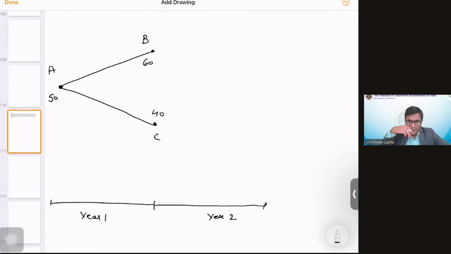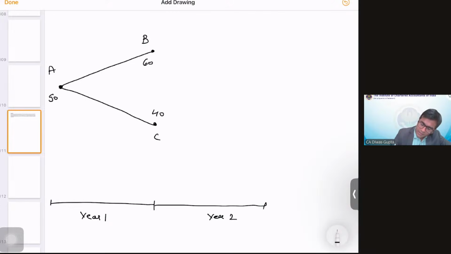For up we can go up and down, for down we can go up and down. So total 4 nodes, yes. That is the real essence: we will not have to assume only two nodes again. For each and every node, there is again a possibility of price going up or down. So similar thing will be with 60, similar thing with 40. Both B and C will go in two different directions.